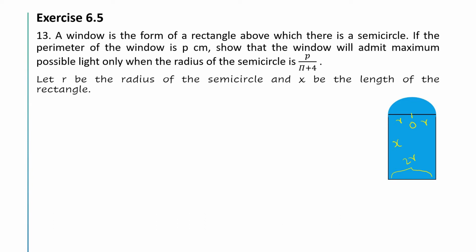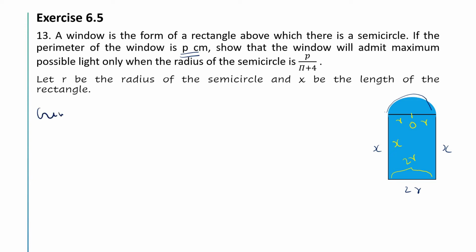The perimeter of the window is p centimeter. So which means the sum of x plus x plus 2r and the circumference of this semicircle is equal to p centimeter.